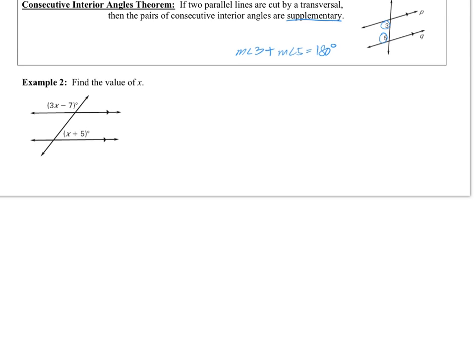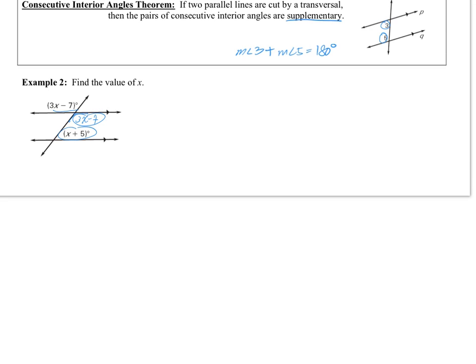Example 2, find the value of x. Well, this angle here, 3x minus 7, is a vertical angle to this angle, so this must be 3x minus 7 as well. So then these two angles are considered consecutive interior angles.